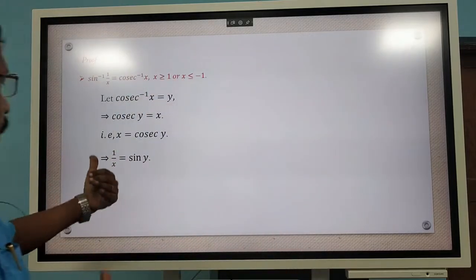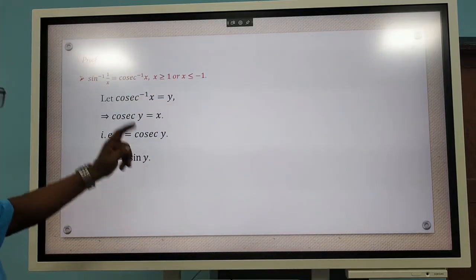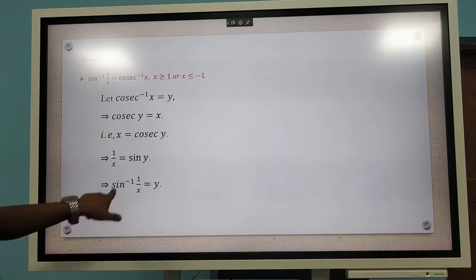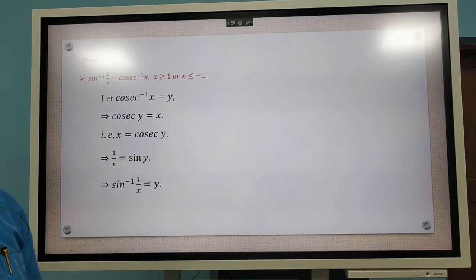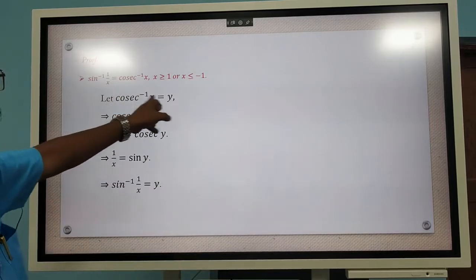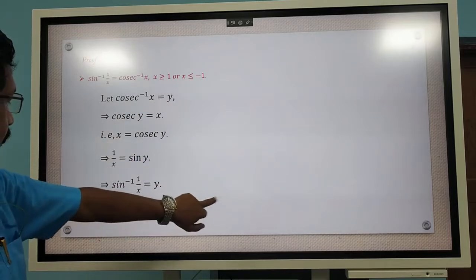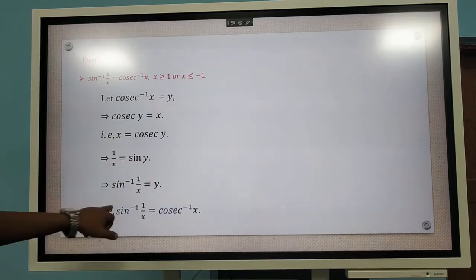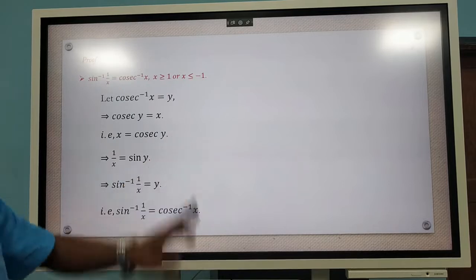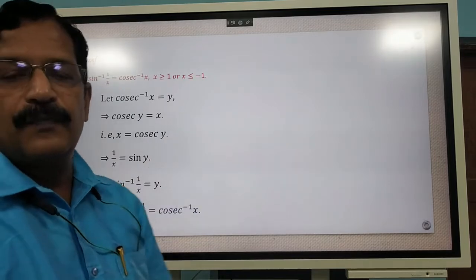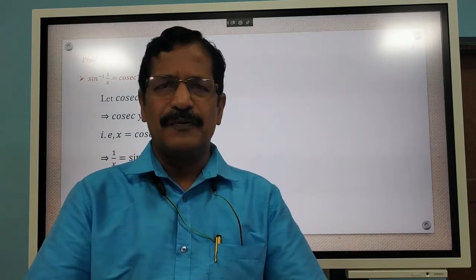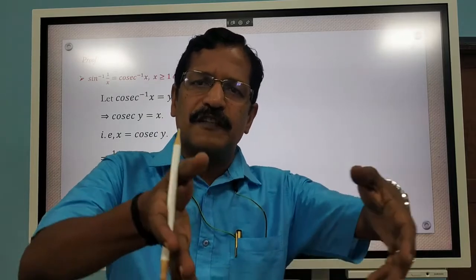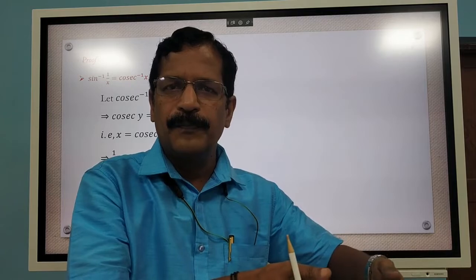Same way, 1 by x is equal to sin y implies sin inverse 1 by x is equal to y. But what is y? y is cosec inverse x. So we got the result: sin inverse 1 by x is equal to cosec inverse of x. I think the proof is clear. It is a very simple proof. For the remaining two also, you proceed the same way.